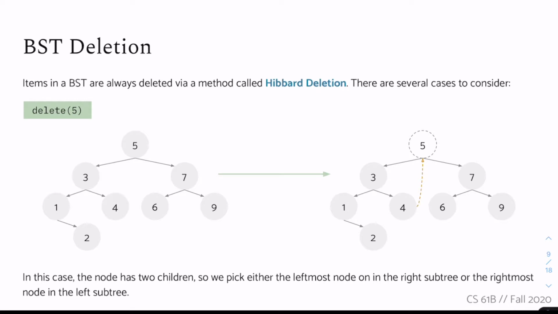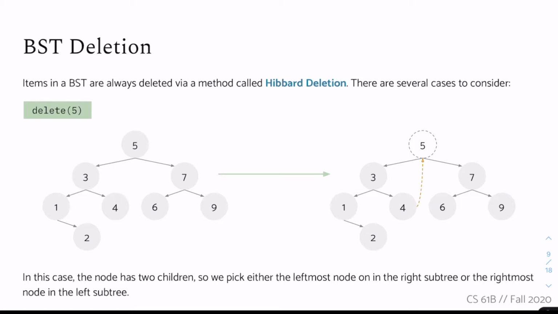The last one is the hardest case, in which you have to delete something with 2 children. And so this is like the big fancy algorithm case. When you are deleting something that has 2 children, so in this case 5, you'll want to pick either the leftmost node on the right subtree or the rightmost node on the left subtree.